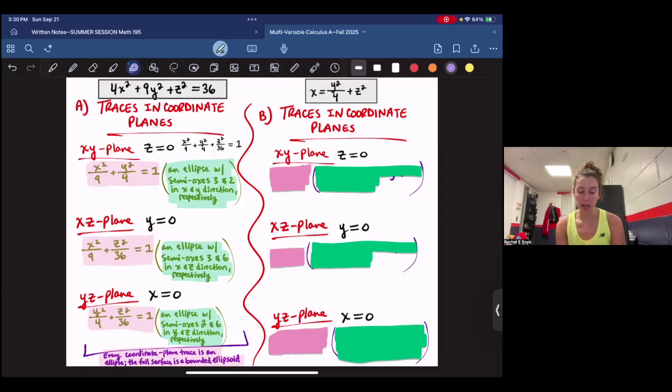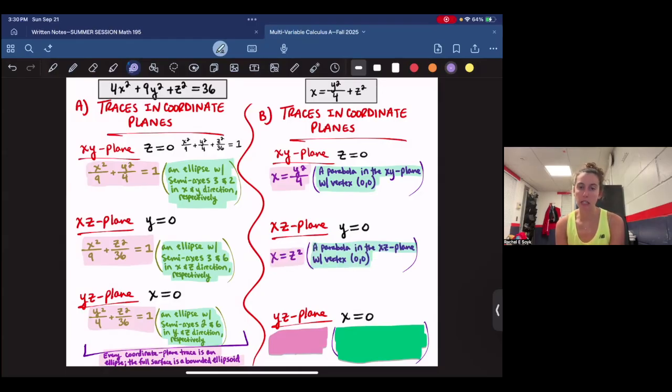Now let's look at our elliptic paraboloid. Same exact concept, we'll have z equal to 0. Then we have x equals y squared over 4, which is just a basic parabola with the vertex at the origin. When y equals 0, we once again have a parabola, our famous parabola, x equals z squared.